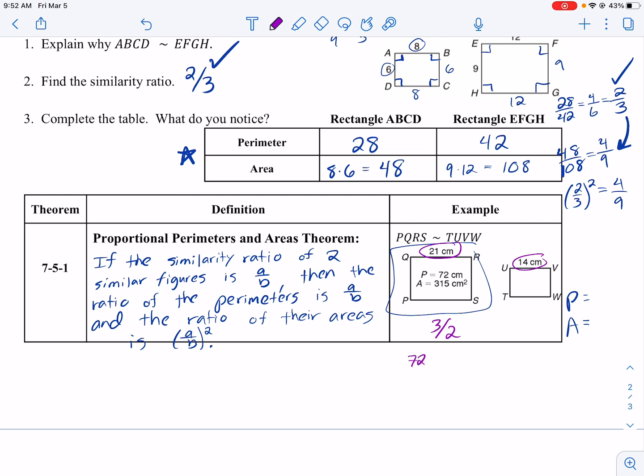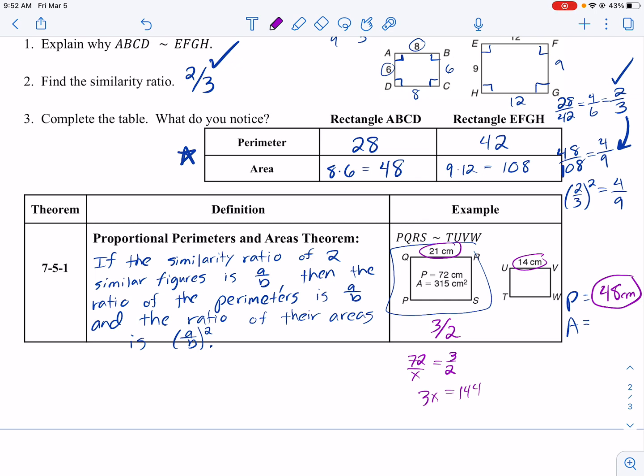So 72 over x would also equal 3 to 2. And we cross multiply, we get 3x equals 144. And 144 divided by 3 gets us 48. So 48 centimeters. Awesome.